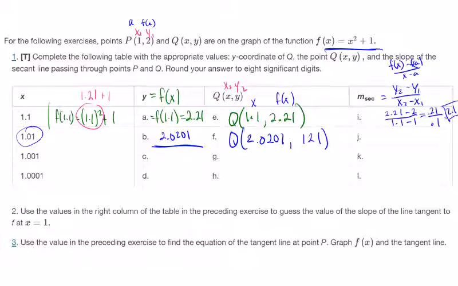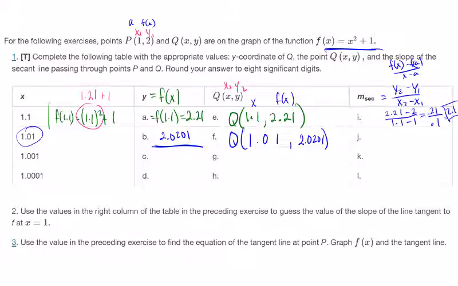Oh, I'm sorry, I messed up here. All right, sorry about that. The x coordinate should be 1.01, and the y coordinate should be 2.0201. Now that we're here, we can use our slope formula. I'm still going to use this as my x1, y1, and this will be my x2, y2.